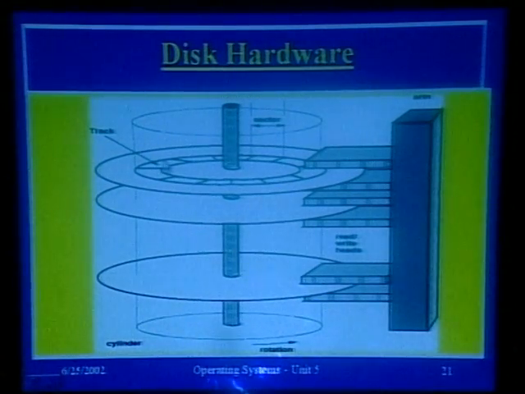But the actual surface on which we store the information is called the track, and these disks revolve at a very high speed, mounted on this spindle. If the information is here and we want to read it, this disk will revolve under the read-write head so that we are able to read the information from the disk.